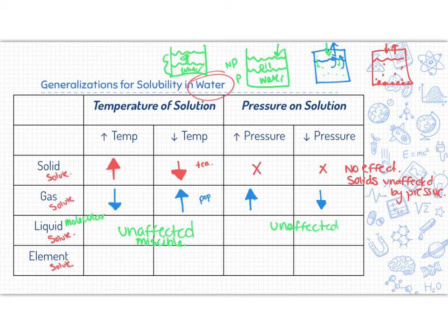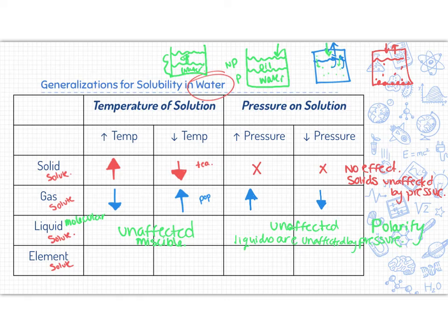Because again, liquids are unaffected by pressure. So the only one it seems we can control is a gas. And liquids are mostly molecular, and it's based on polarity that allows them to be soluble.